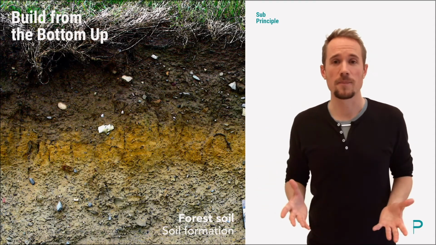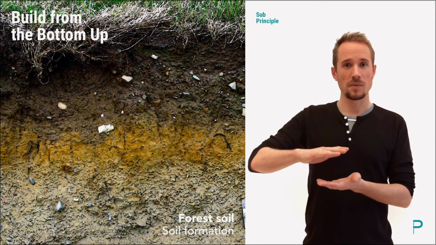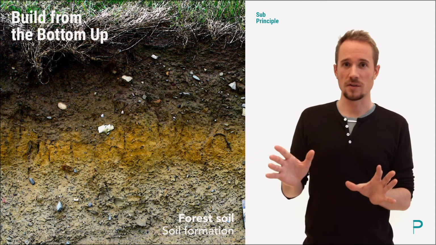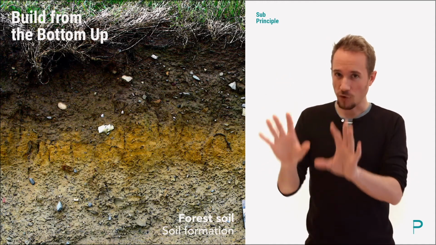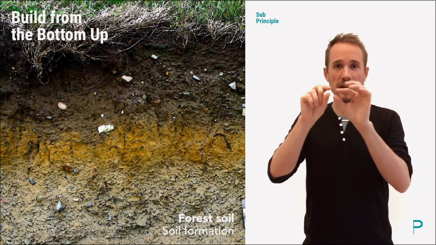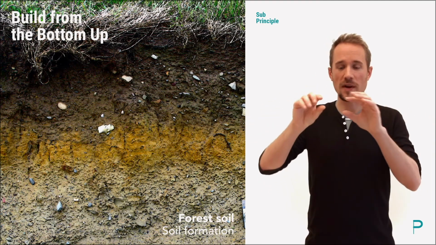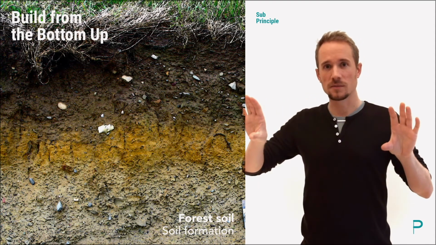And over time, different layers started to develop and strongly differentiate. You can actually now see in many soils there are different horizons. You have at the top the layer of detritus, of dead organic material. Then you have the A horizon, dark and fertile.